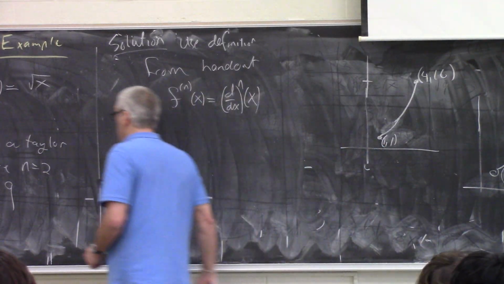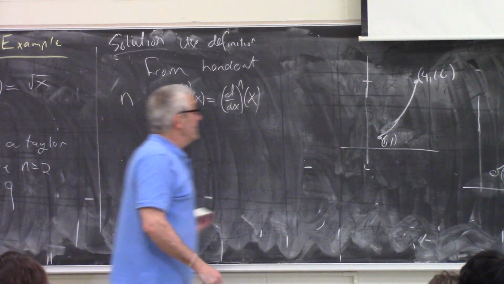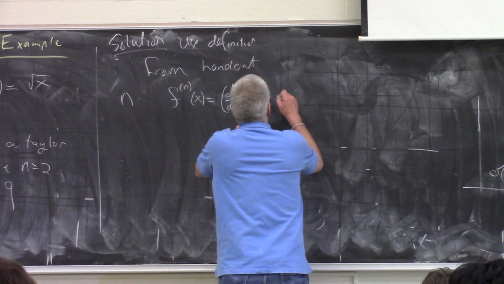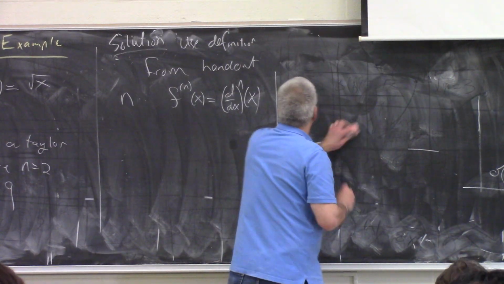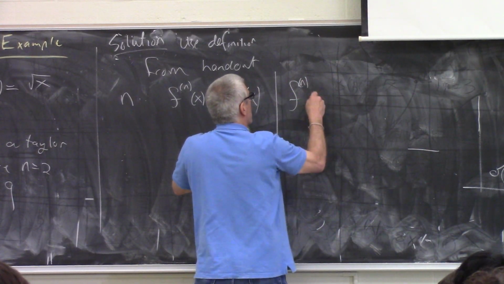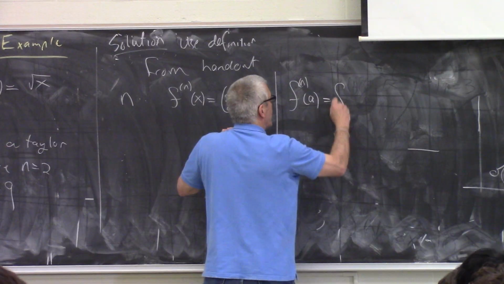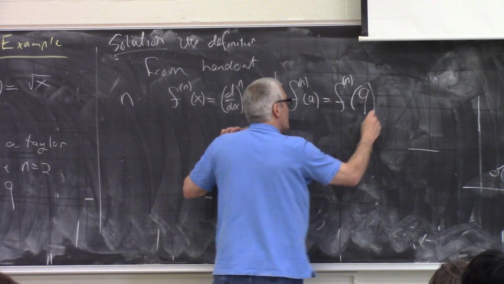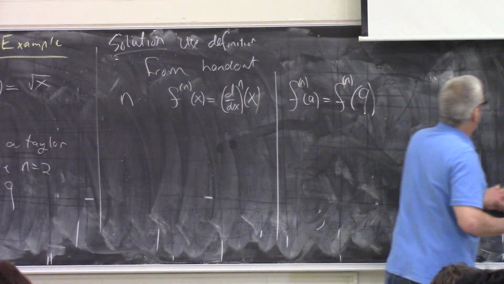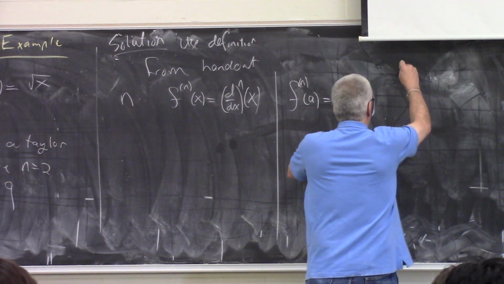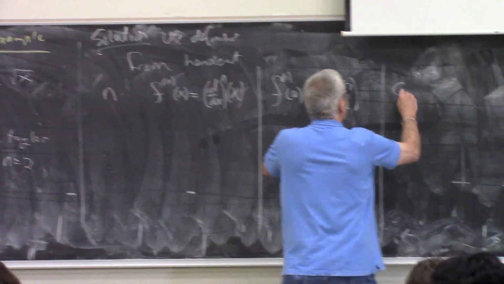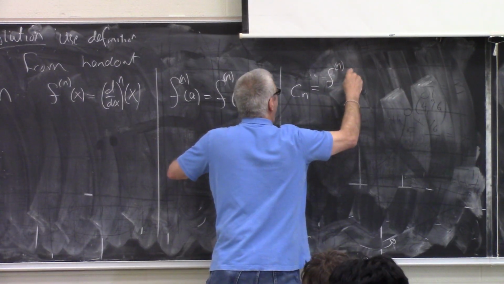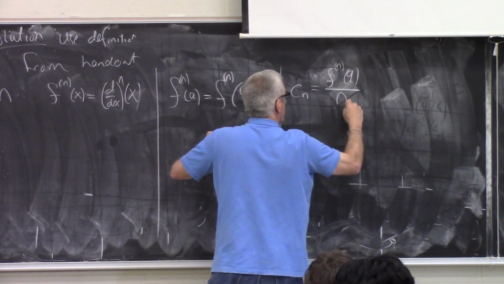And then the next column is going to be f parentheses n at a, so that means the nth derivative at 9. And then the last thing is going to be the coefficient, c subscript n. So that's going to be f parentheses n at 9 over n factorial.